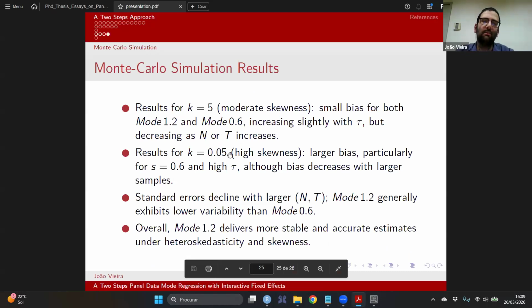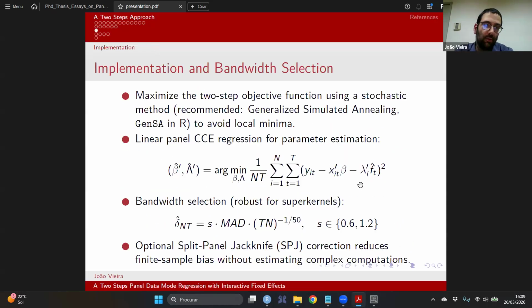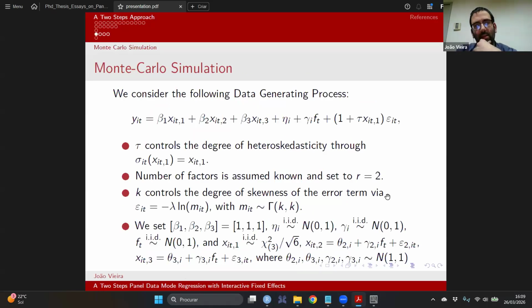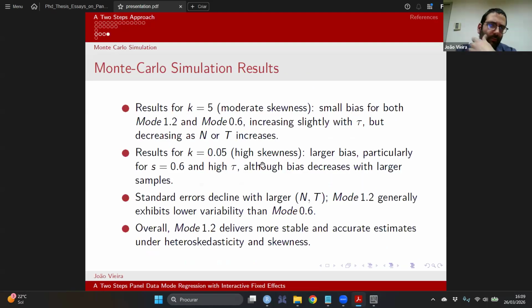Basically, those biases will disappear with n and t when n or t or both grow. If you have to choose the bandwidth here, my recommendation is to use the 1.2, because it has better results than the 0.6. Even in other simulations that I also did, this one kept being the best one somehow.